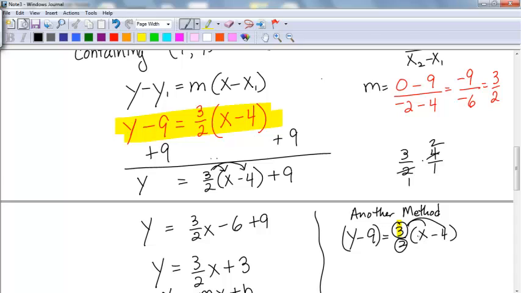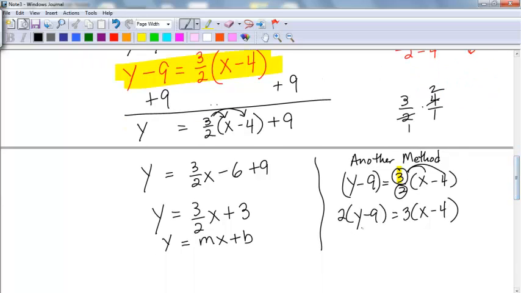Because what I'm really doing is saying multiply by 2 on both sides. If I multiply by 2 on both sides, I'm going to have 2 times the quantity y minus 9. If I multiply by 2 on this side, that 2's gone, and I'd have 3 times the quantity x minus 4. Right? So multiply this out. I'd have 2y minus 18 equals 3x minus 12.